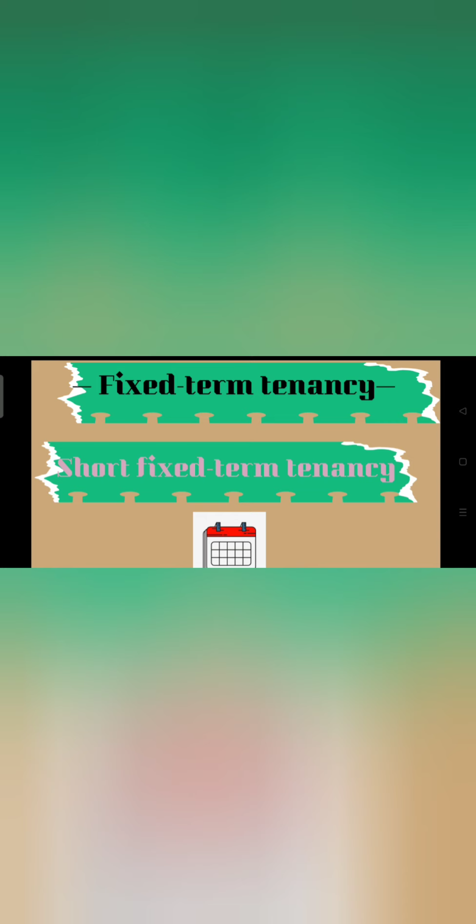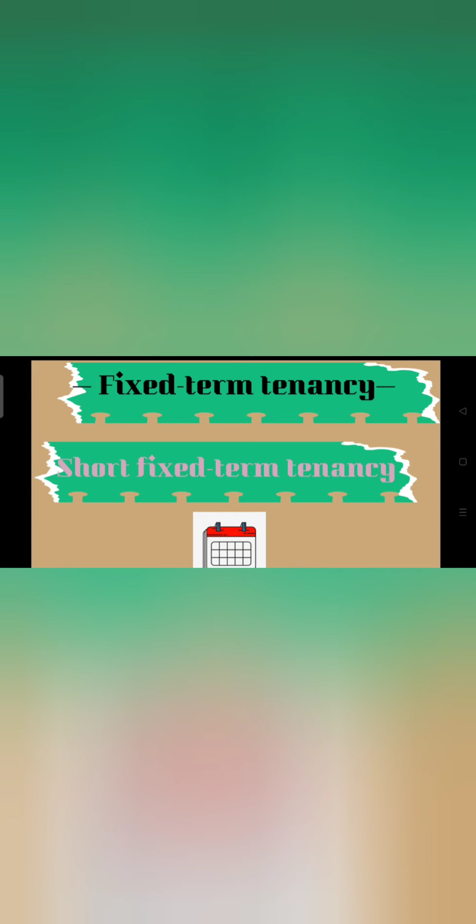You cannot give notice to end a fixed-term tenancy early. You should make sure a fixed term is right for you before you sign the agreement.